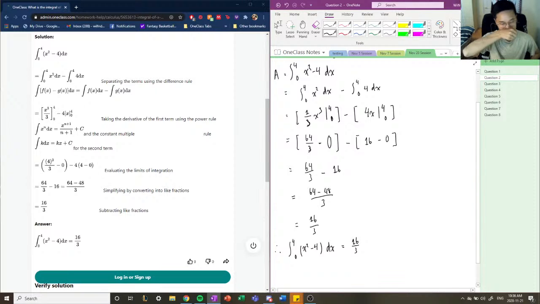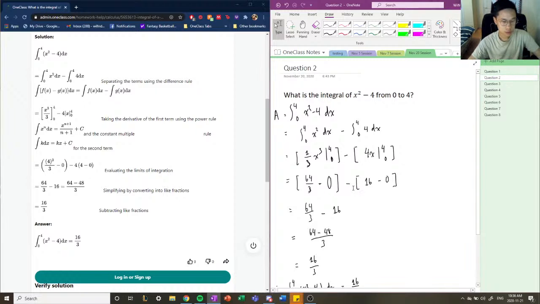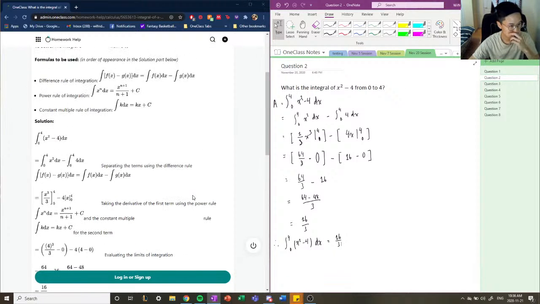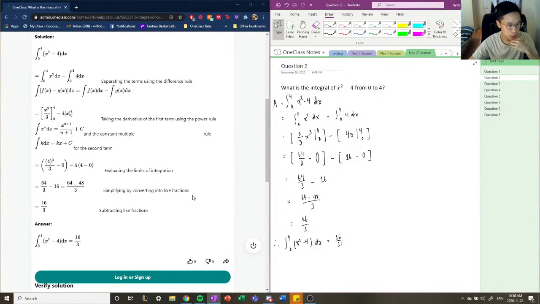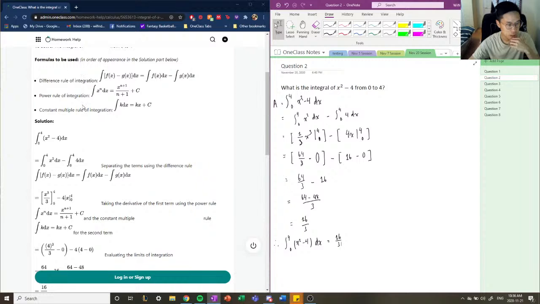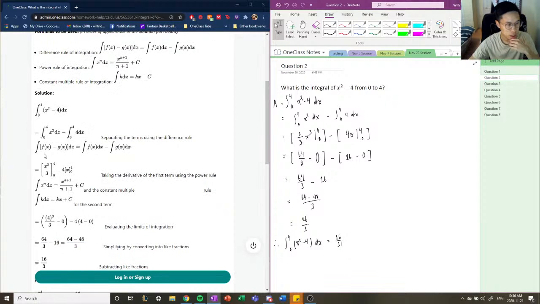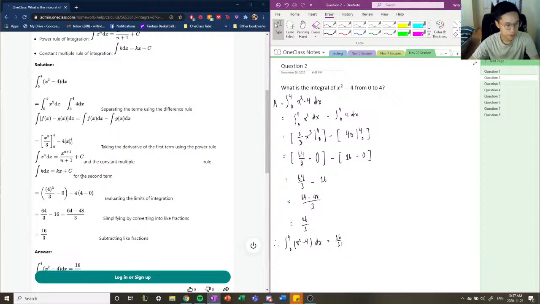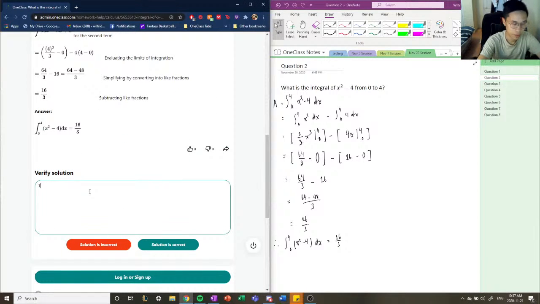So that's the area under the curve of x squared minus 4. Okay. The junior tutor also did the same solution. They used all these properties to simplify their integral, and then they integrated, and then they calculated the area under the curve, or the difference between 4 to 0. Yeah, and they came up with the same solution. Okay, cool.